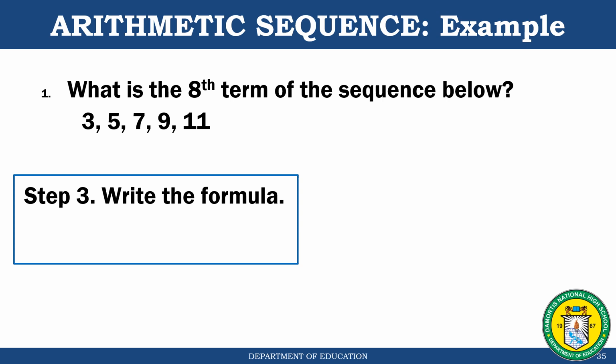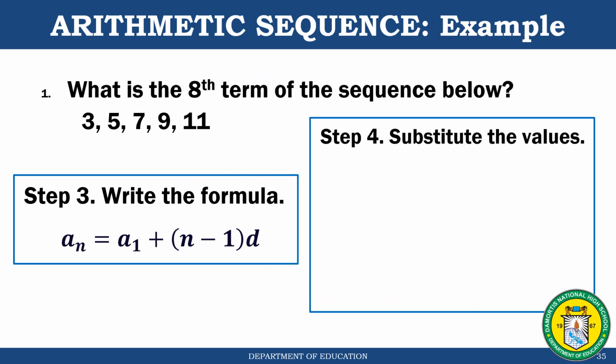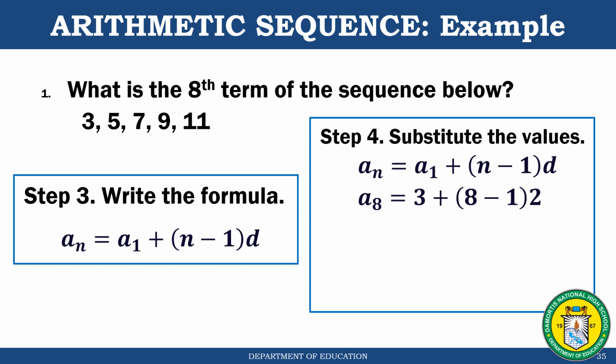Then we're going to use the formula. a sub n is equal to a sub 1 plus the quantity n minus 1 times d. We substitute the values, correct? So we have a sub 1 is equal to 3 plus n, which is 8 minus 1, and then the d becomes 2.